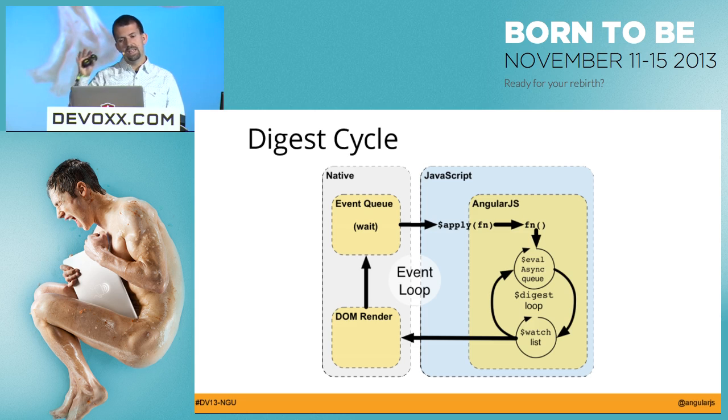What we're saying is, inside of the JavaScript world, there's really two worlds. There's the JavaScript native world, which works just like you would expect, and within it, there's a subset, which is the Angular world. And the way you can tell which side you happen to be on is you can look at the stack trace. And if somewhere above you there is a call into $apply, that's the gateway that allows you to go into the Angular world, then you know you're inside of the Angular world.